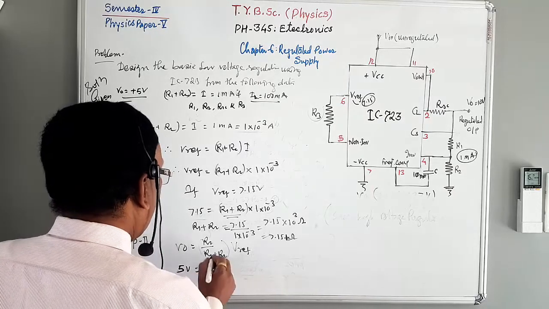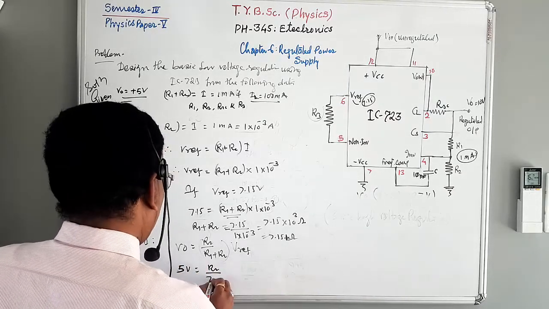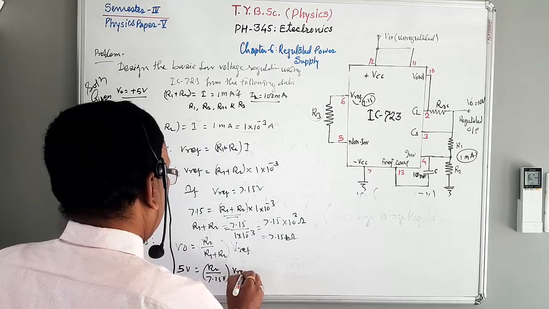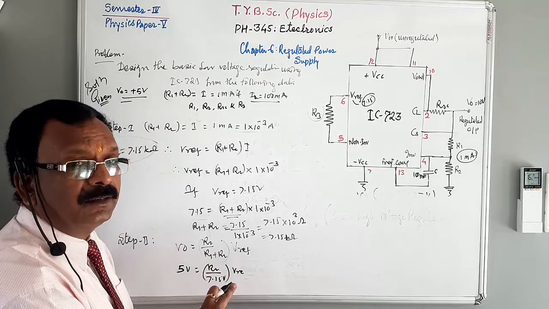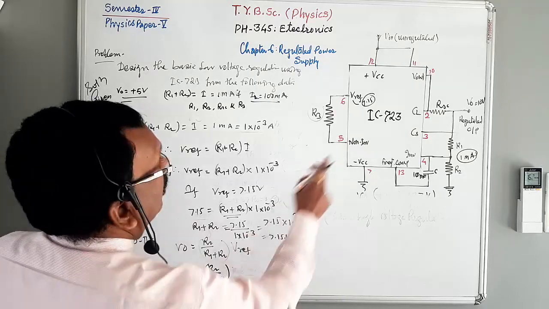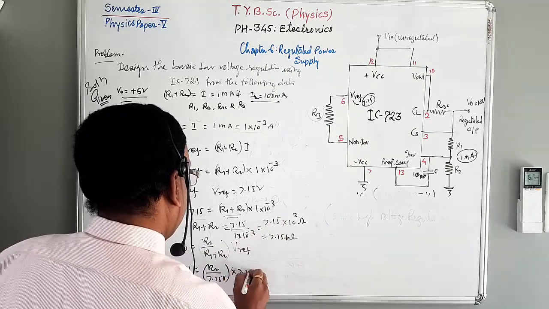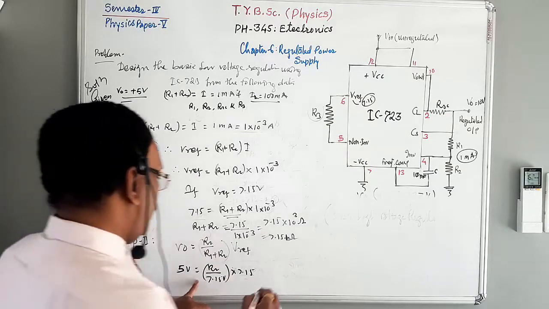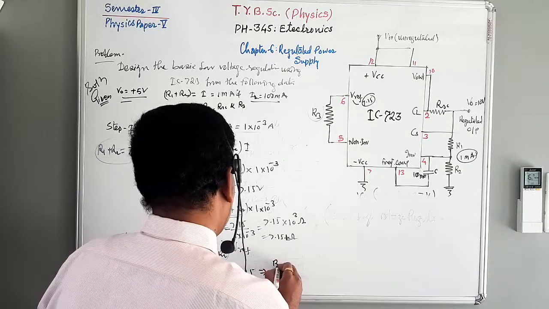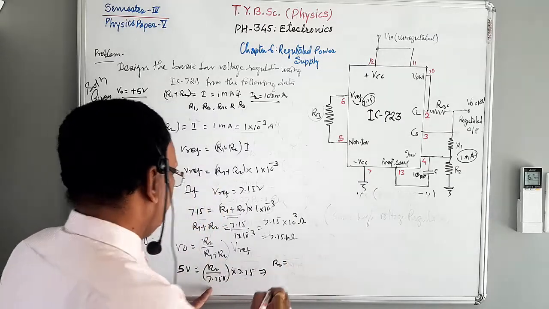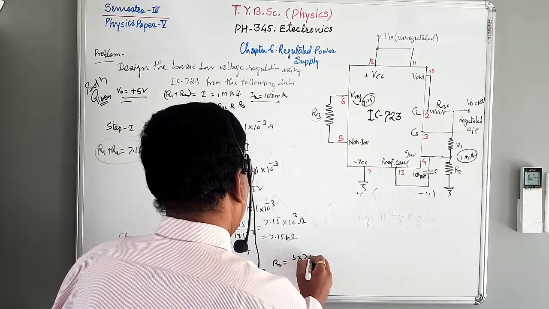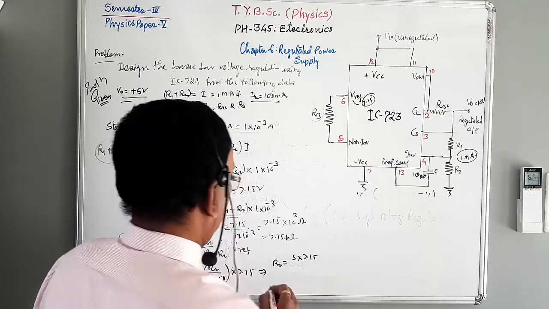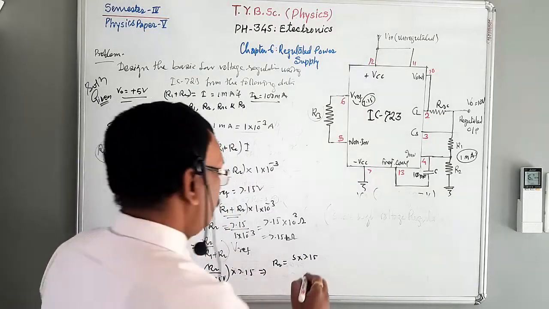So 5 is equal to R2 upon R1 plus R2, which is 7.15, into V reference, which is 7.15. So simply R2 is equal to 5 into 7.15 upon 7.15.